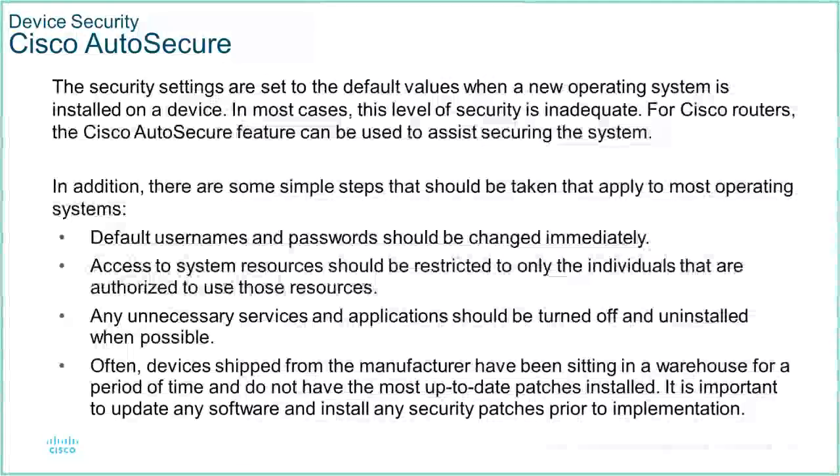It's quite a powerful tool. But if you run Auto Secure and don't pay close attention to the questions it's asking, you can be locked out of the device. Just saying.